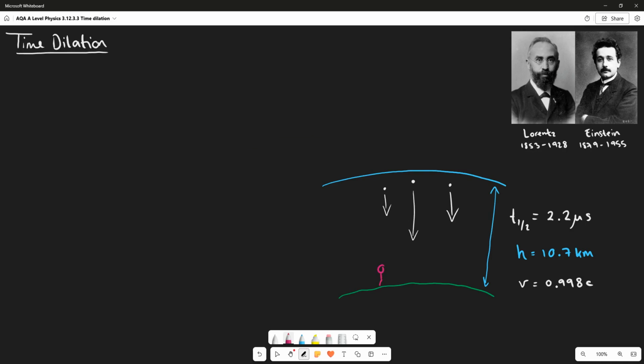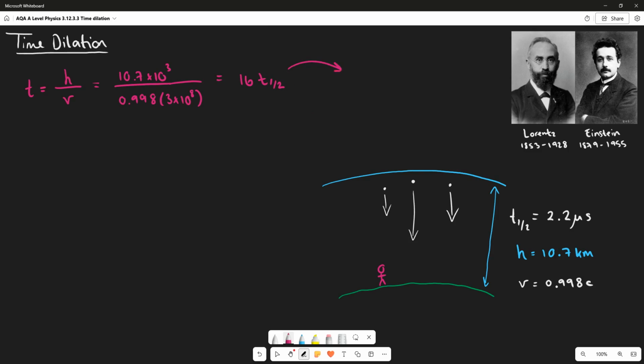From the perspective of somebody on the surface of the Earth who is not moving and viewing these moving particles, we see that the time taken for them to arrive at the surface is given by the distance that they travel divided by the velocity, which will be approximately 16 half-lives.